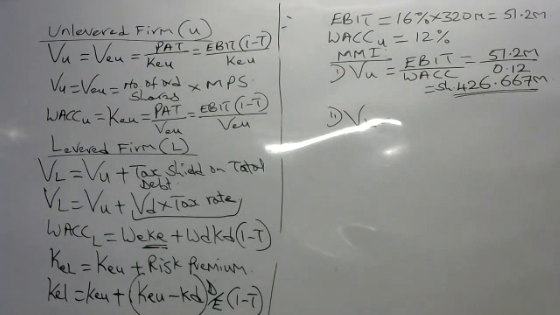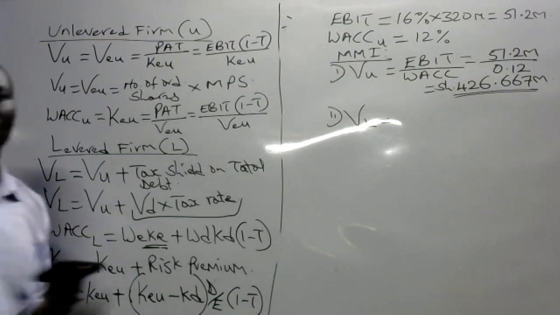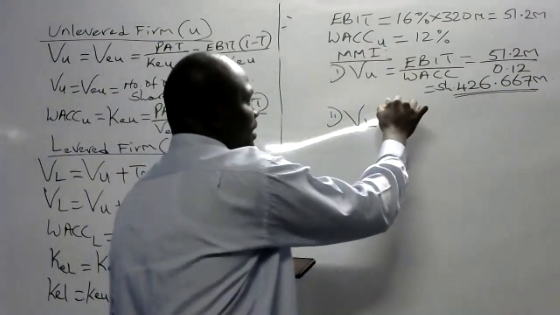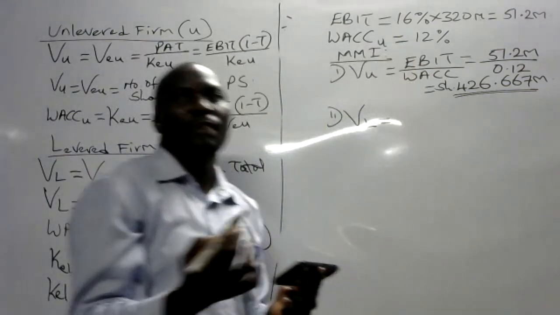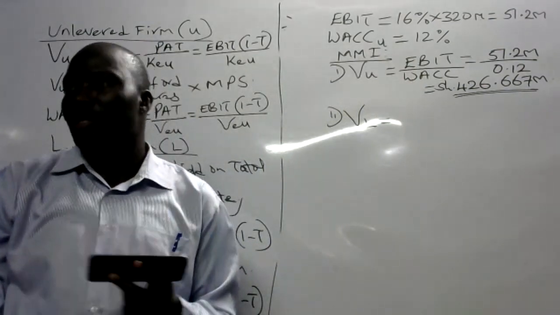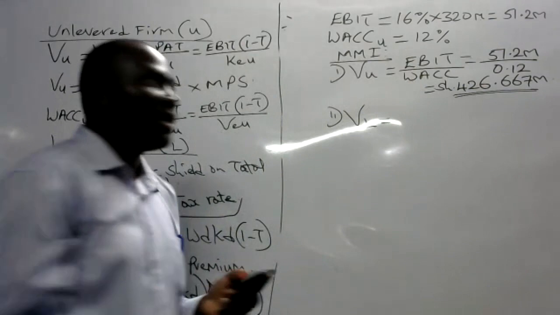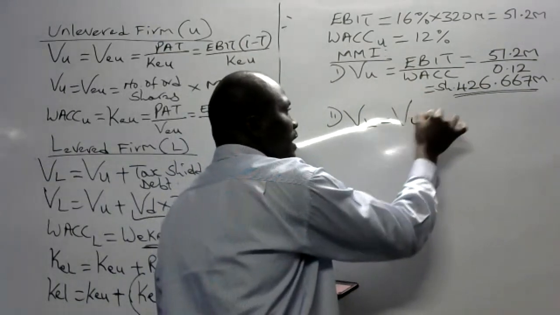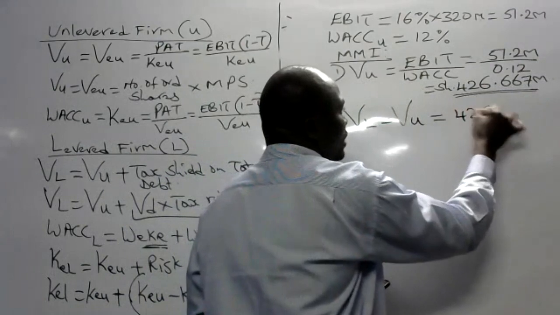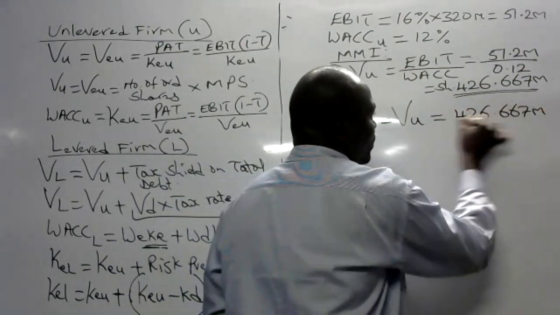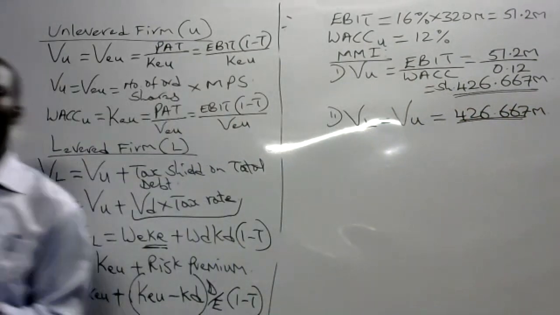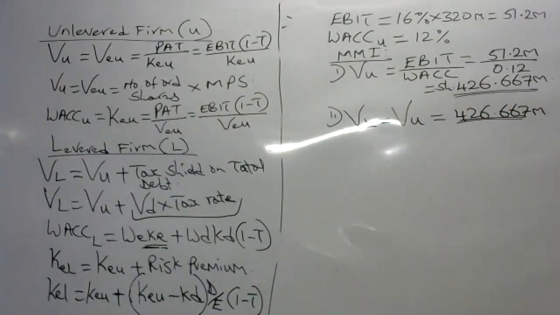Whether it's true, what the examiner wants you to do, even without a calculation, is to tell him that the value of the levered firm will be the same as the value of the unlevered, which is 426.667. When the examiner makes it easier for you, you start overthinking.